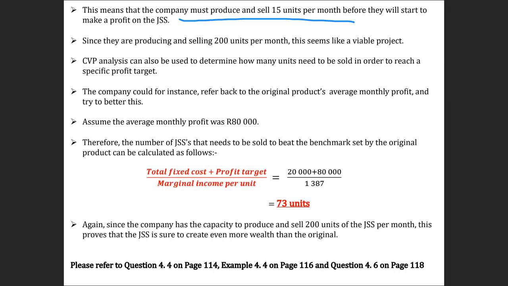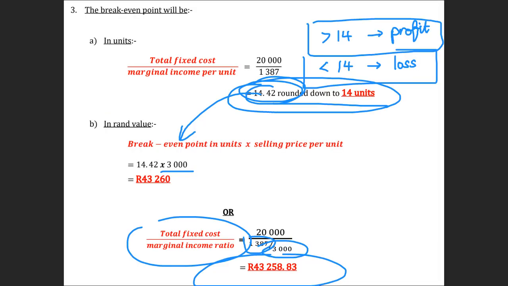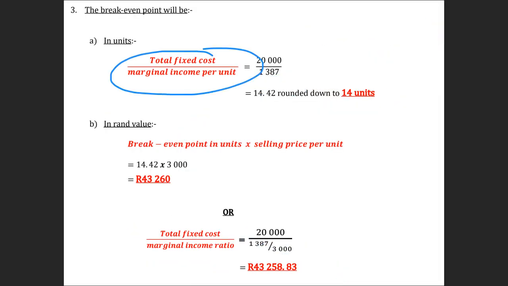So here, they gave you an example: let's suppose on average, this company wants to make a profit of 80,000 Rand. We want to know how many units they need to produce in order to make that profit of 80,000 Rand. All you would do is adapt the break even formula. Remember, the break even formula is total fixed cost over the marginal income per unit.